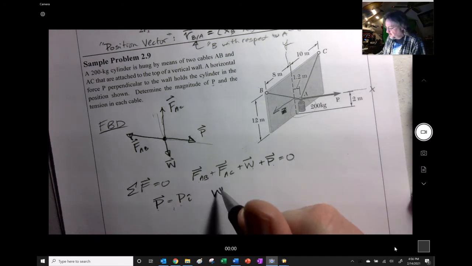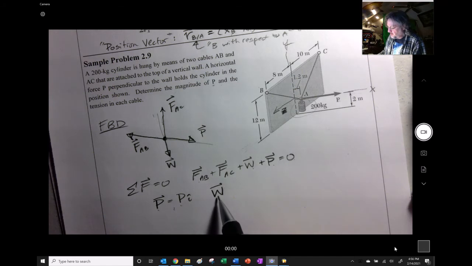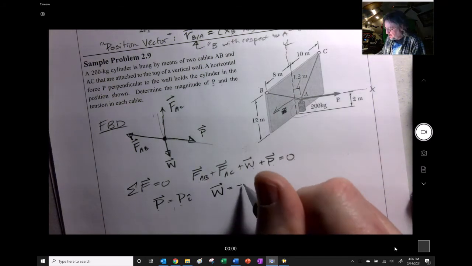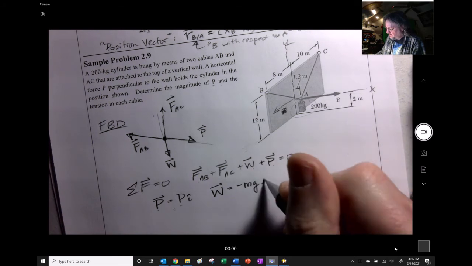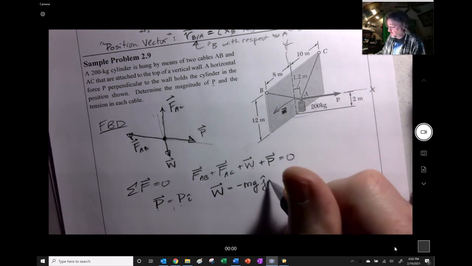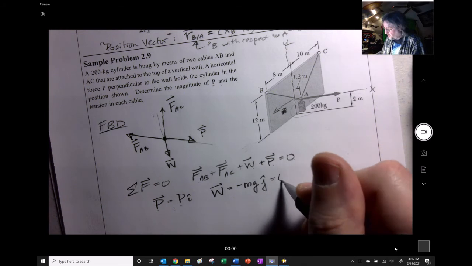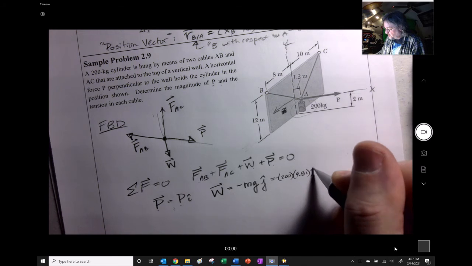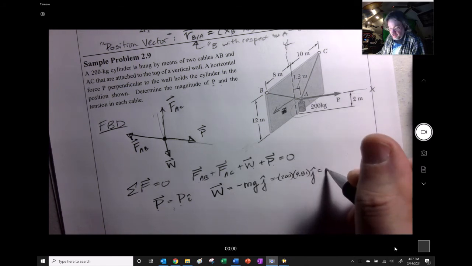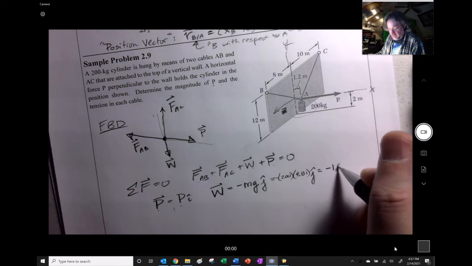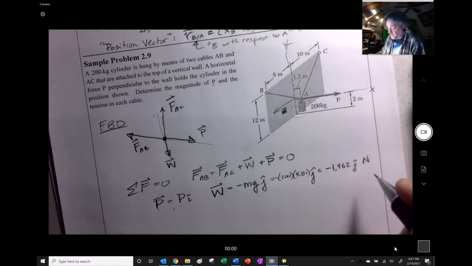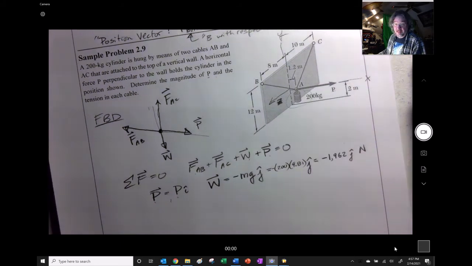The W vector, the weight of this thing, is going to be equal to negative mass times gravity J. And we can even put in some numbers there: negative 200 times 9.81 J, and that's going to equal negative 1,962 J newtons. So it's downwards, right? So we've gotten that vector out of the way.